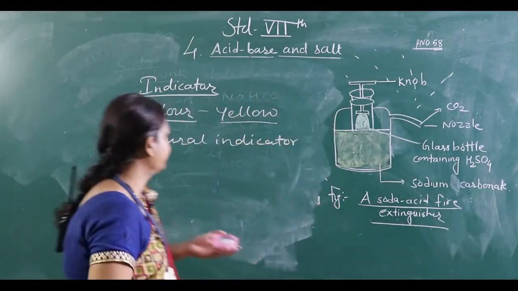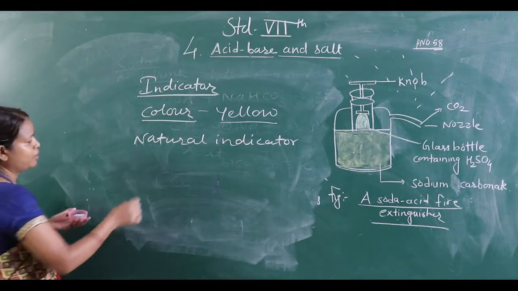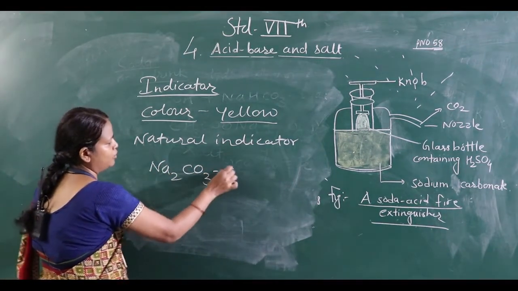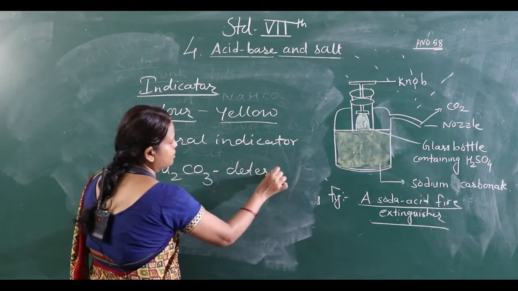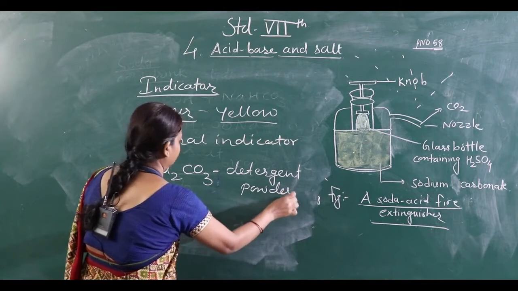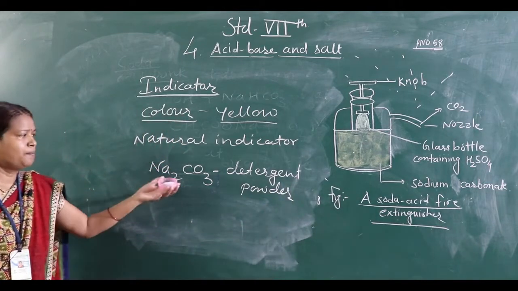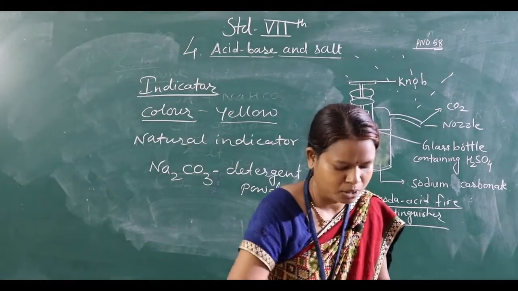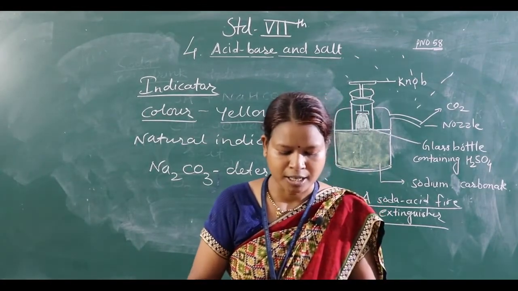Chemically, this detergent powder is nothing but sodium carbonate, which is available at our home and commonly known as detergent powder. I am going to add this sodium carbonate into this natural indicator, that is your turmeric.